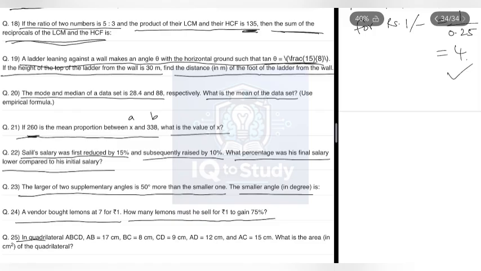In quadrilateral ABCD, AB is 17, BC is 8, CD is 9, AD is 12 and AC is 15 centimeters. What is the area of the quadrilateral? Let's draw quadrilateral ABCD.